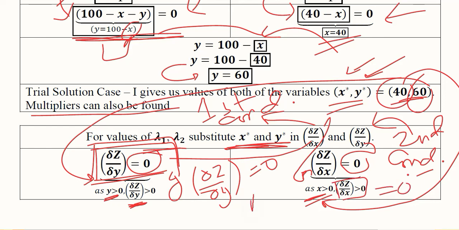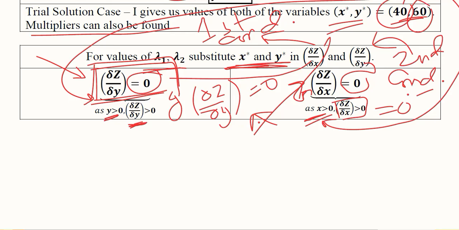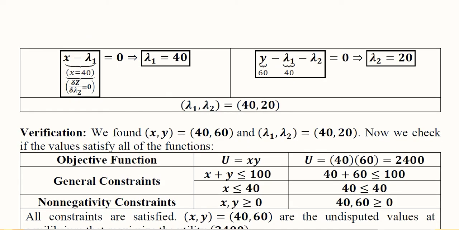So we have developed the logic for having these two derivatives, that is the derivative of the Lagrangian function with respect to y and the derivative of the Lagrangian function with respect to x, equal to 0. So we are going to use the first and the second conditions here.